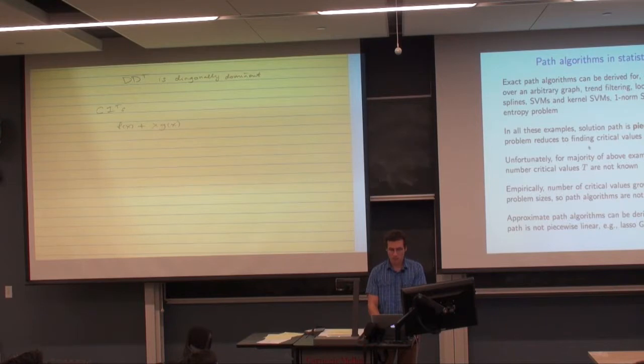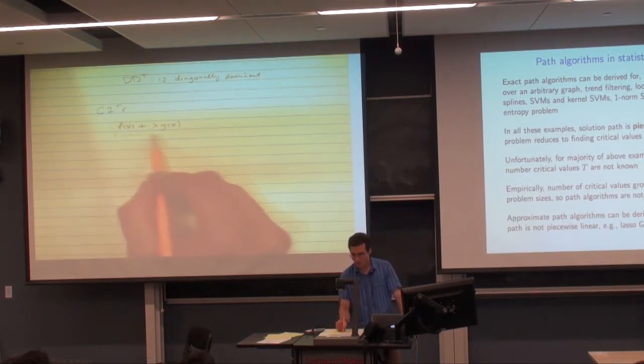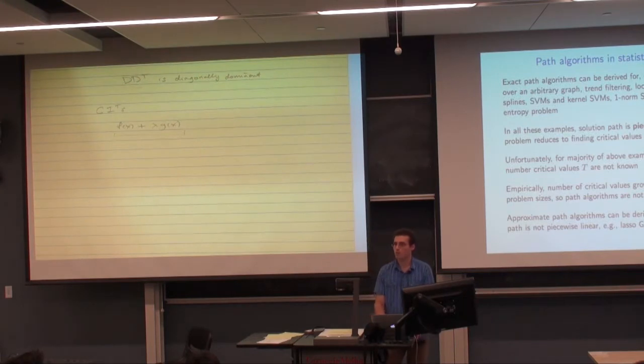There's actually another paper I gave you at the end that gives sufficient conditions for when this is true for a general problem of the form f plus g, under which the solution will be piecewise linear with respect to lambda, so that you might have even the hope of deriving a path algorithm to begin with.